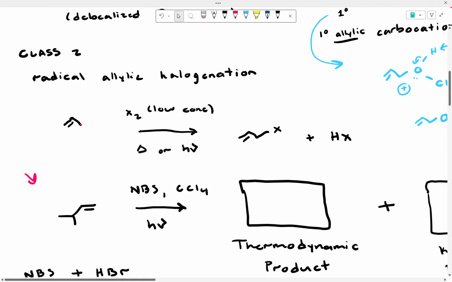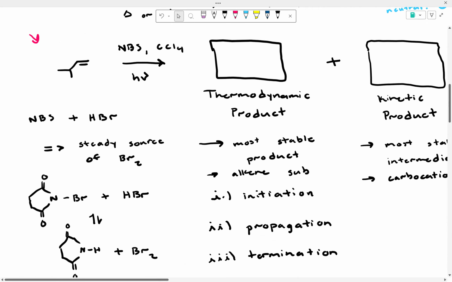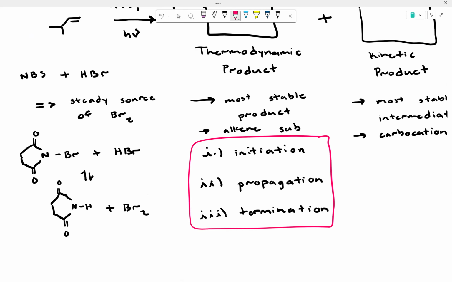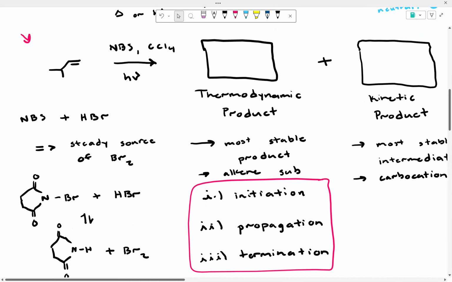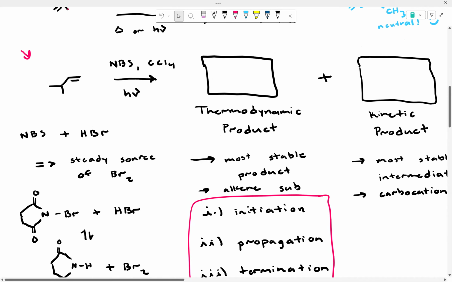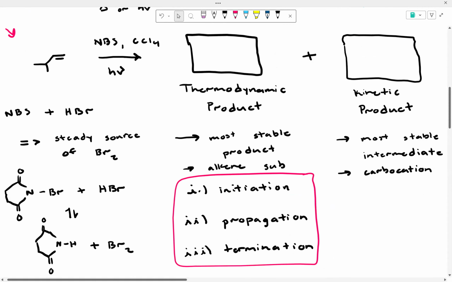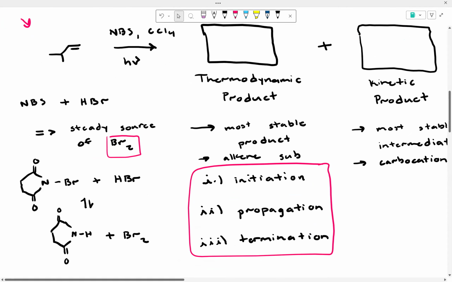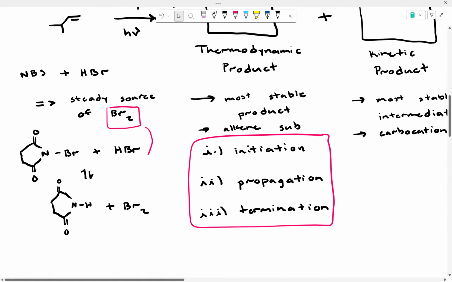And there are 3 steps we should think about with radical allylic halogenation. That is initiation, propagation, and termination. When we look at this example, we should know that NBS plus HBr creates a steady source of Br2 via this mechanism.